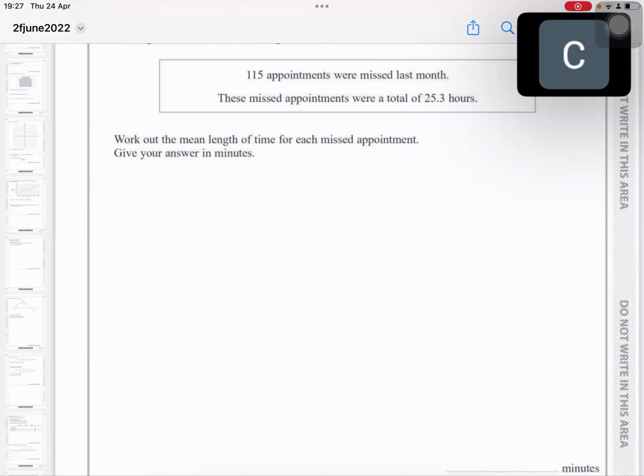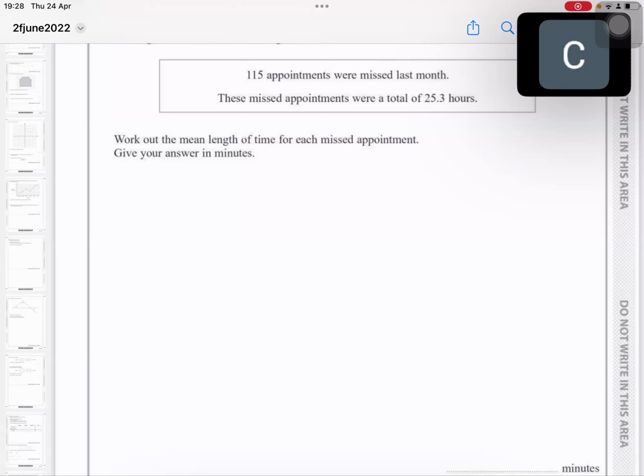These missed appointments were a total of 25.3 hours. Then it says, work out the mean length of time for each missed appointment. So basically, you're dividing 25.3 hours by 115, right?